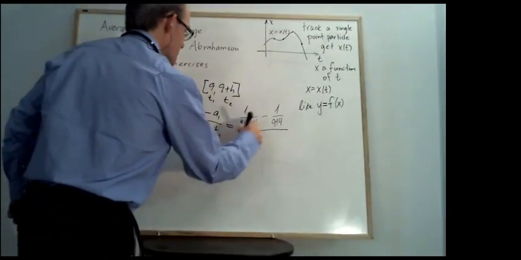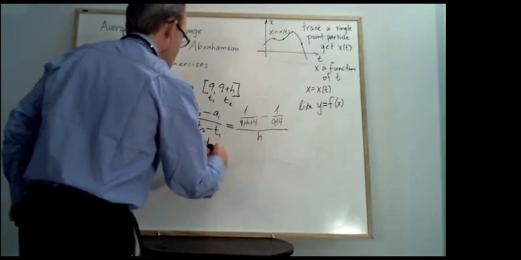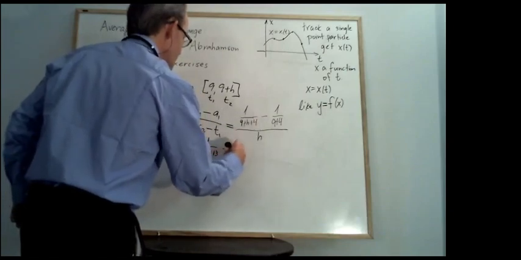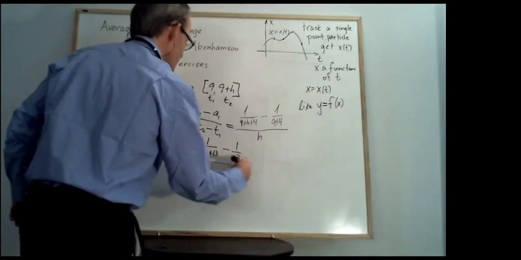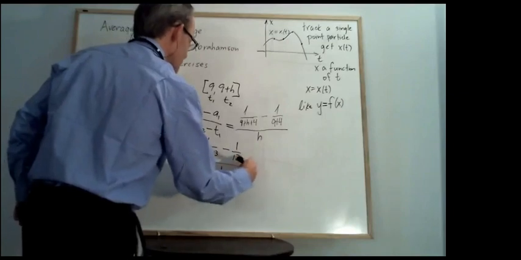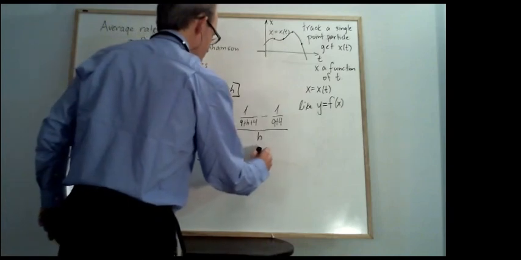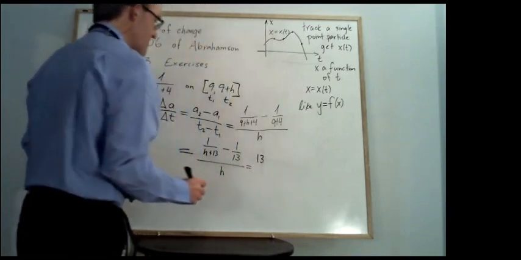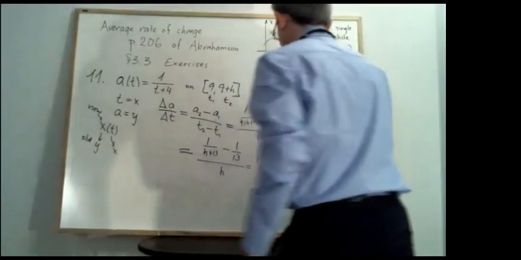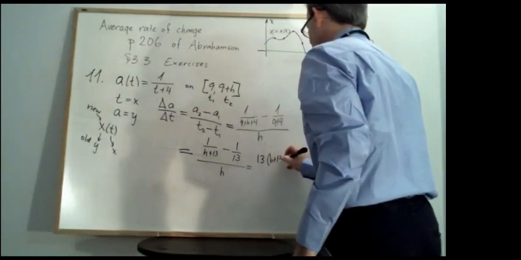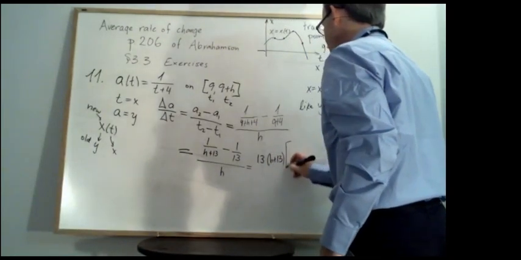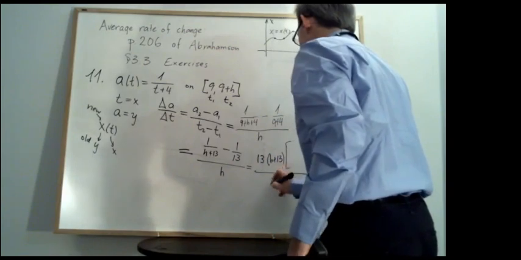So this is 1 over h plus 13, minus 1 over 13, all over h. So multiply by 13 and multiply by h plus 13 here. So that's one way to simplify this whole guy.